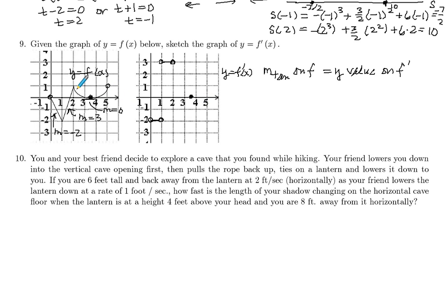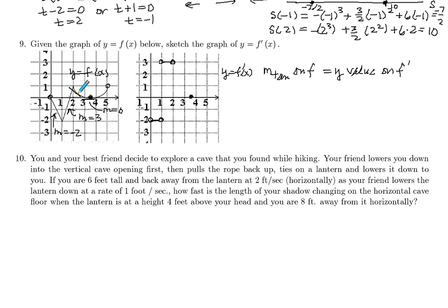And then here, notice that if we drew our little tangent segments in here, they go down from left to right. And you can just estimate the slopes. This one, here it looks like maybe you've got a slope of -1, so fall 1, run 1.